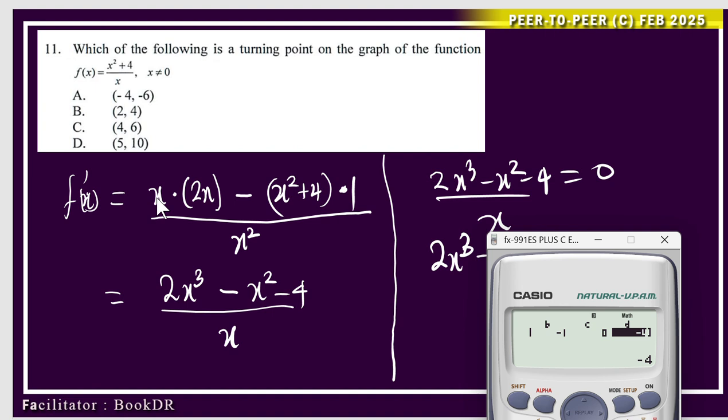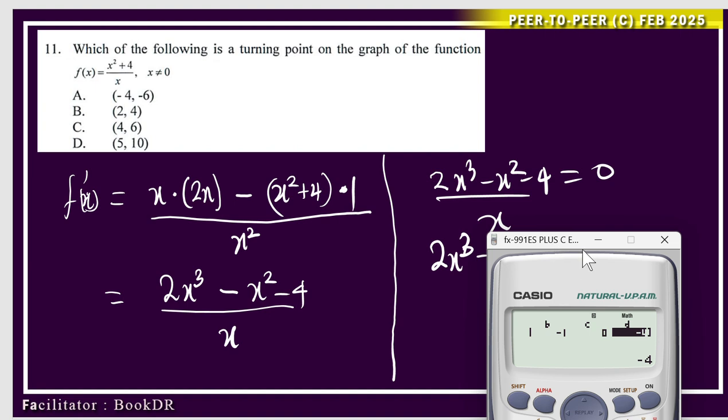So differentiation of the numerator will give us 2x. Then minus, this time around we maintain x squared plus 4, then we differentiate x. That will give us 1. Then we have x squared. Then opening bracket, we have minus x squared minus 4 over x.